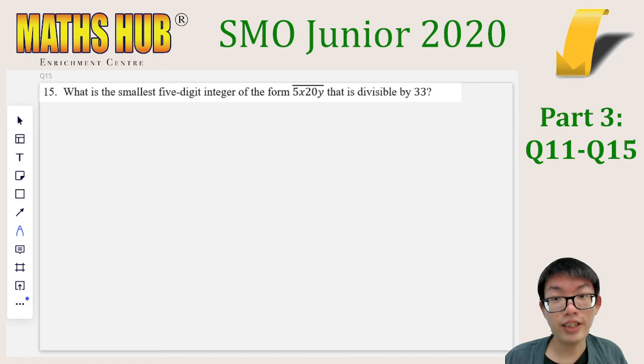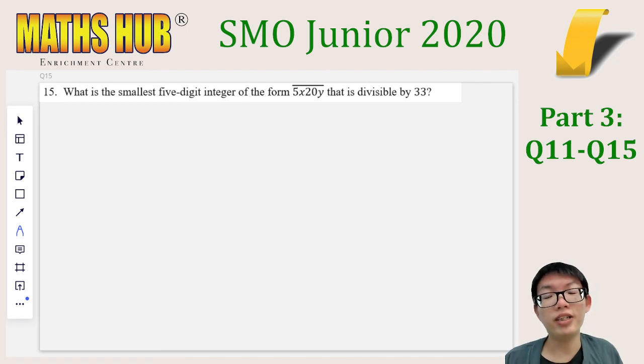Finally, for question 15, we're asked to find the smallest 5-digit integer of the form 5x20y that is divisible by 33. We certainly cannot divide by 33 conveniently since x and y are unknown. We can't do long division in any reasonable fashion.